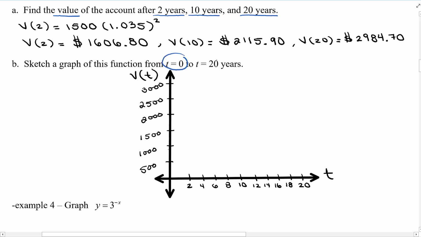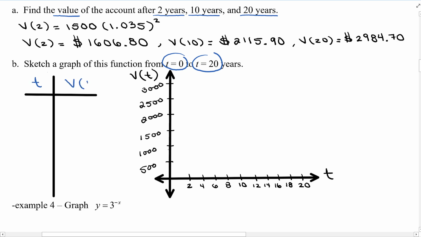I've circled t equal to 0 and t equal to 20 because I want to definitely include those values when I'm sketching my graph. So when I use my ordered pairs, I definitely want the values for t equals 0 and t equals 20.